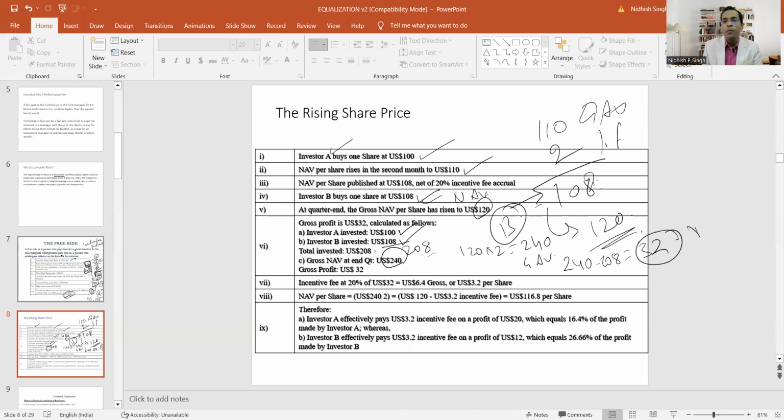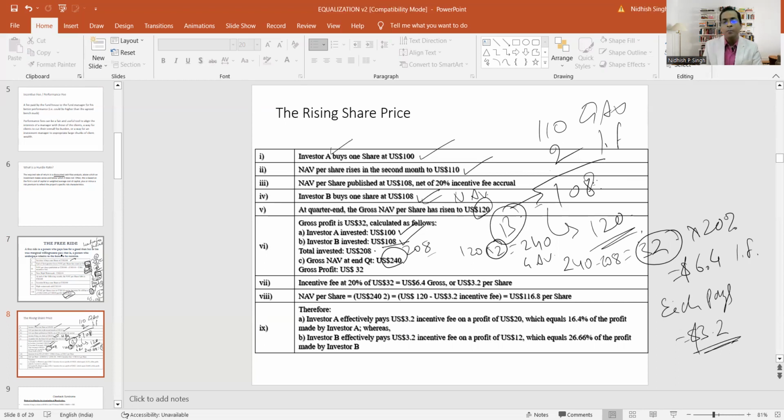On this, 20% incentive fee, right? So that becomes $6.4 overall incentive fee. Since there are 2 shares, A and B, each will pay only $3.2 of incentive fee.